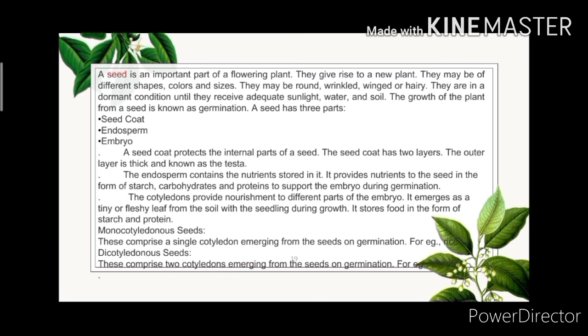This cotyledon cannot be divided into two equal halves. So if they are not divided into two equal halves, they are basically known as monocots. Okay, and if they are divided into two cotyledons, two equal parts arising from the seeds, that is known as dicot seed. For example, tomato.